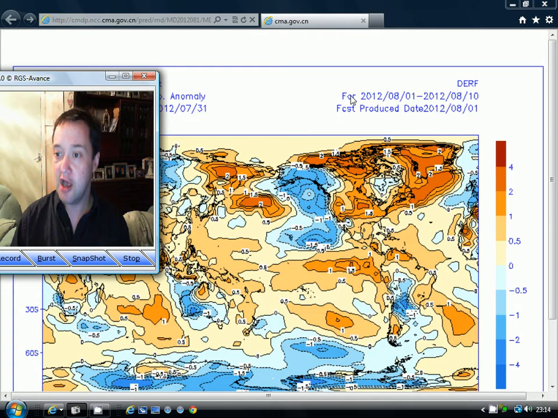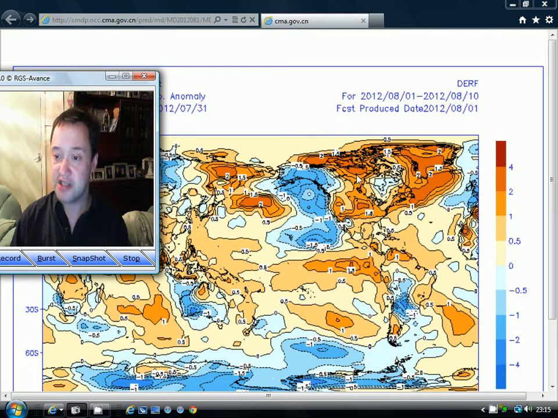This chart is the temperature anomaly chart from the Beijing Climate Centre for the 1st to the 10th of August, and then we'll go on into the second 10-day period, the 11th to the 20th, and then the third 10-day period, the 21st to the 30th. So let's have a look at the temperature anomaly for the first 10-day period for the United States. Again, this is the 1st to the 10th of August.